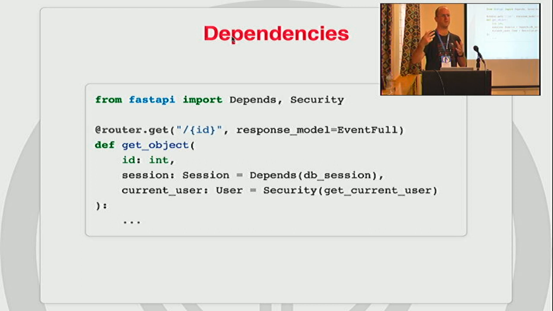FastAPI knows recursively to go and look for dependencies where you set them and give them to you as you need them. So as you build up your web app, you write simple, small functions which say what they need, and they compose themselves together by declaring their dependencies. For me, this gives you a much simpler way to think, because you only ever have to think about one small function. You only have to test one small function at a go, and we'll come on to testing later on.